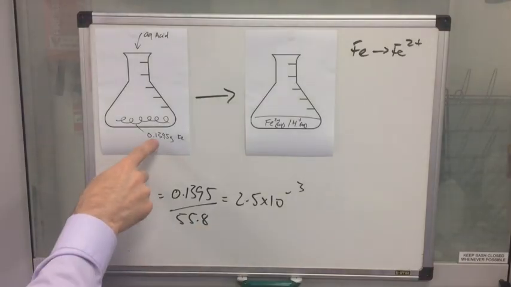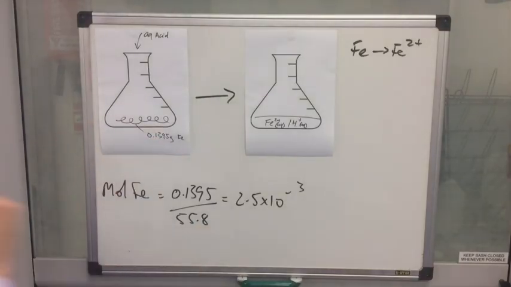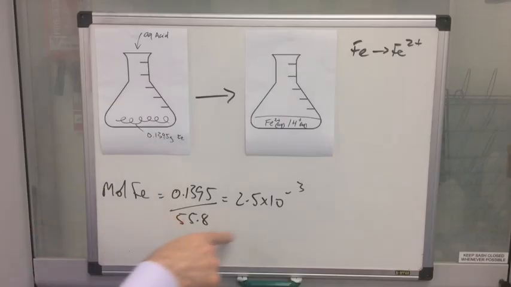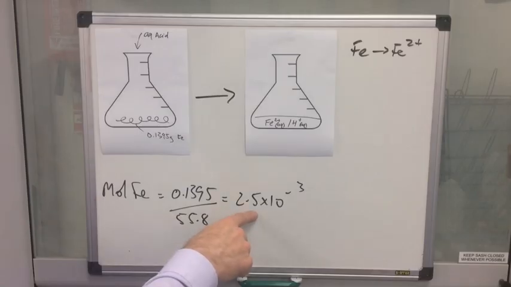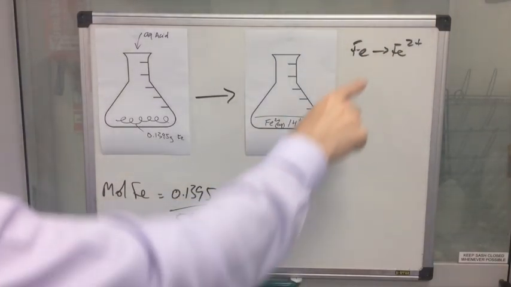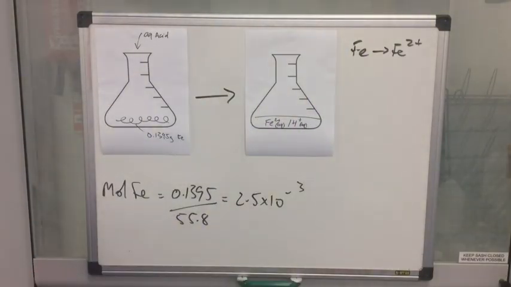So we've got enough information here to calculate the moles of iron, because we know the mass, and obviously we know the MR from our data sheets. And so you can see there, mass over MR, the moles of Fe are that many, and from this little conversation we had, that's also the moles of Fe2+. So we know at this point the moles of iron 2+ that are inside that flask.